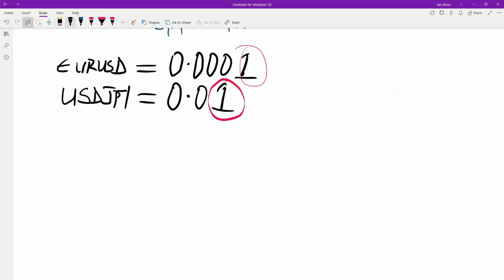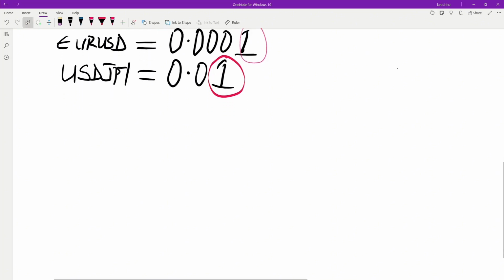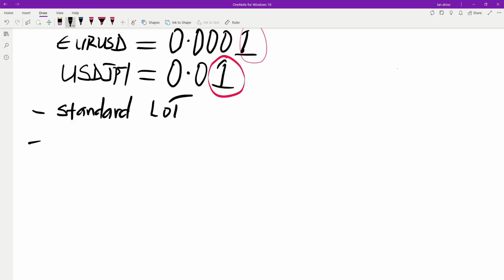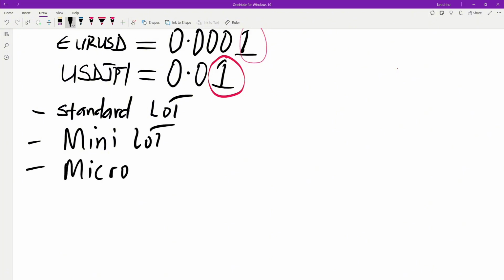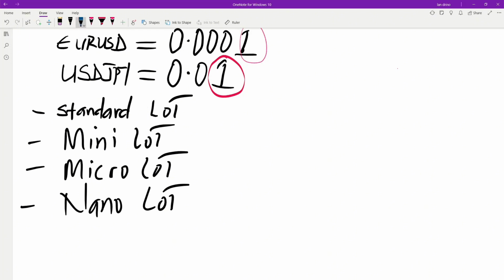Remember that in our previous mentorship program where we talked about the lot, we said there are 4 major categories of lot sizes, which are the standard lot, the mini lot, the micro lot, and the nano lot. And we equally say that the nano lot is actually the smallest.